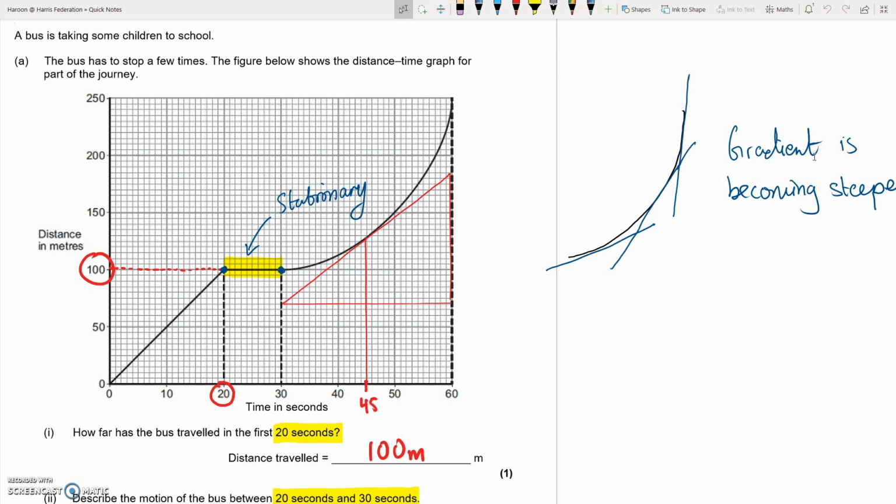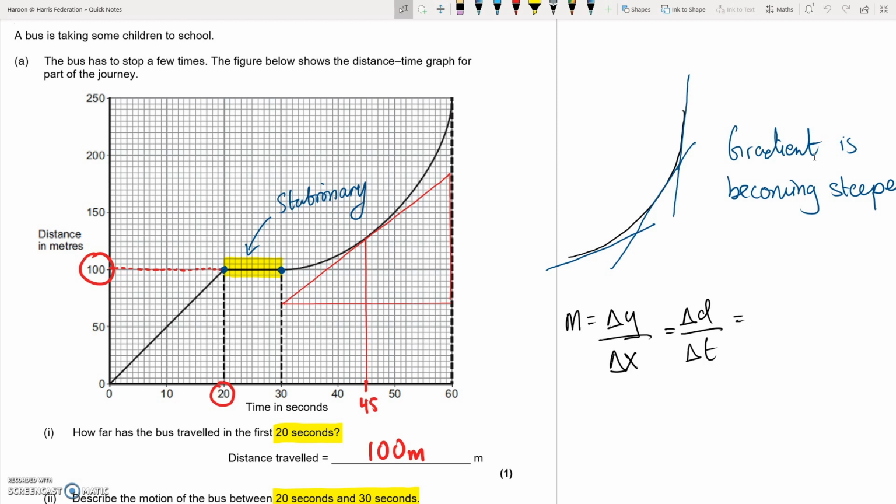Now, I know that to calculate a gradient, you would use this formula. M represents gradient, change in y over change in x. Now we know our y-axis over here is defined as distance, so change in distance, and x-axis is change in time.